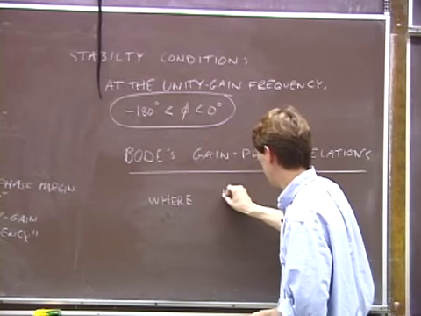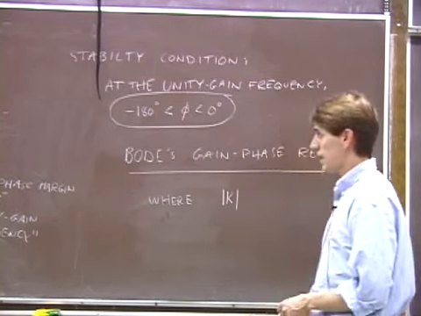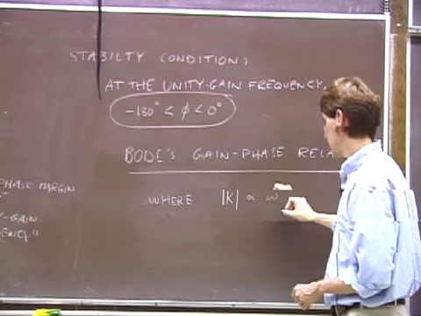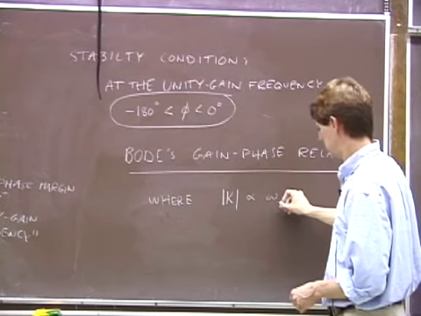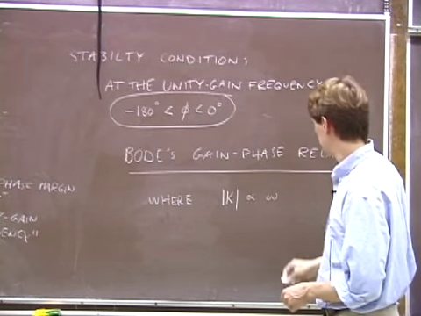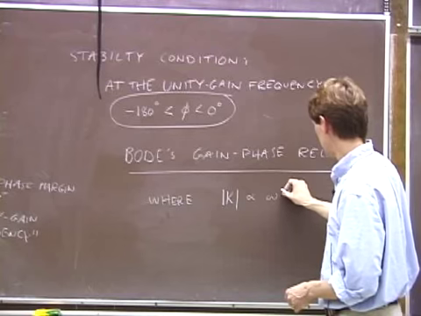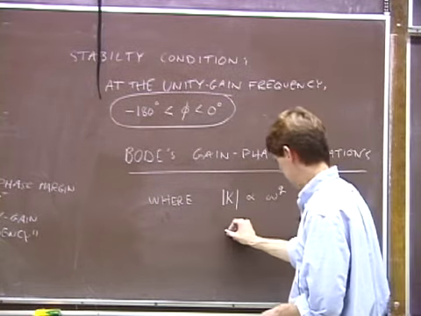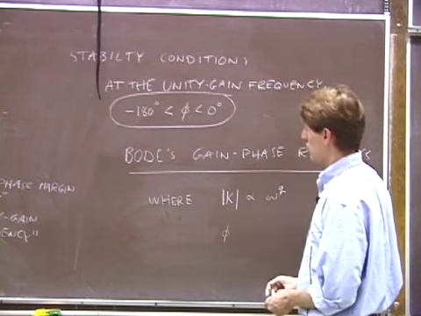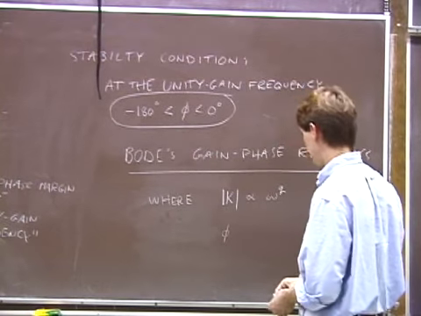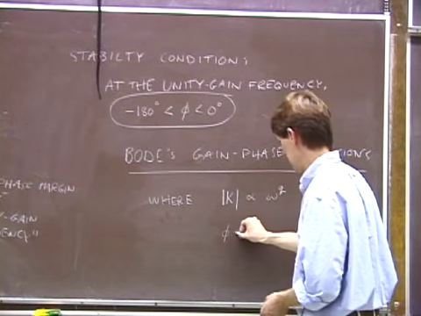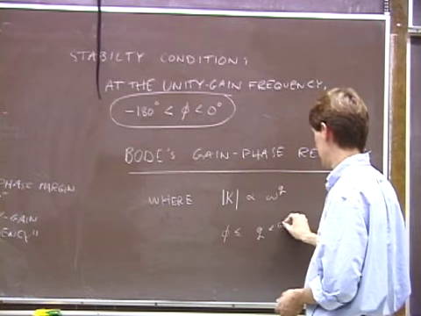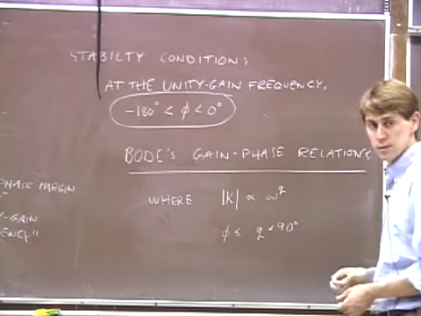And what that says is that in any region where the magnitude of k scales as omega to the Q, the phase, not the phase margin, but the phase, this guy, has to be less than or equal to Q times 90 degrees.